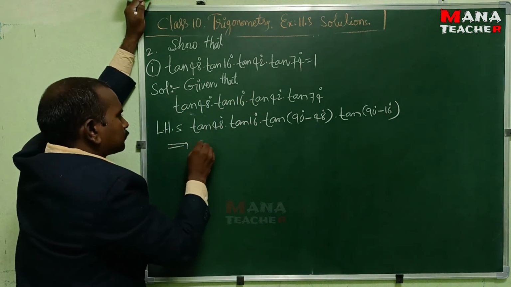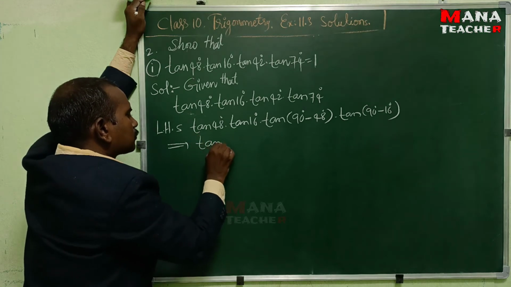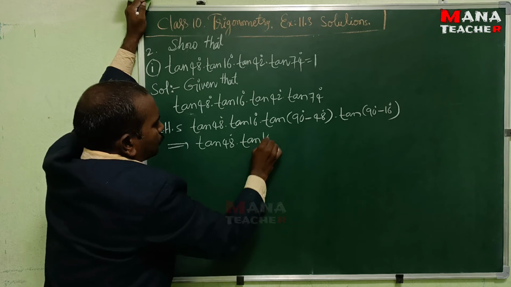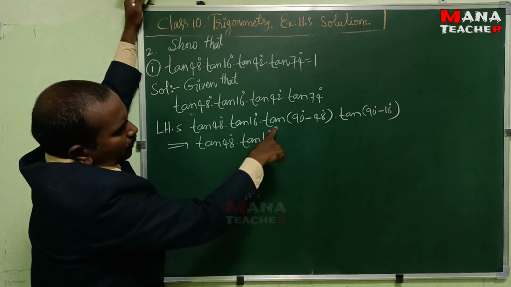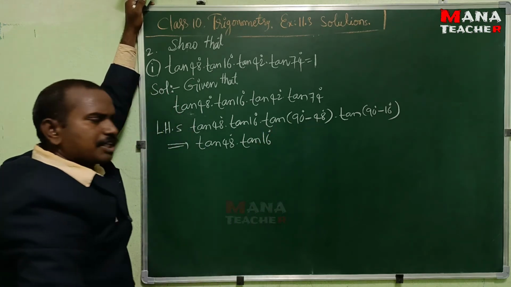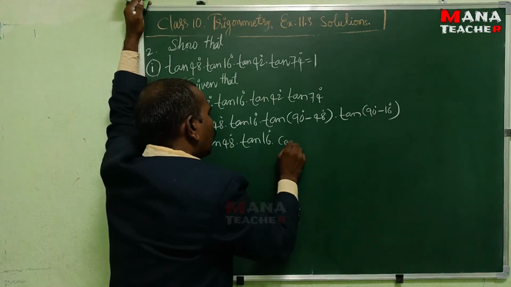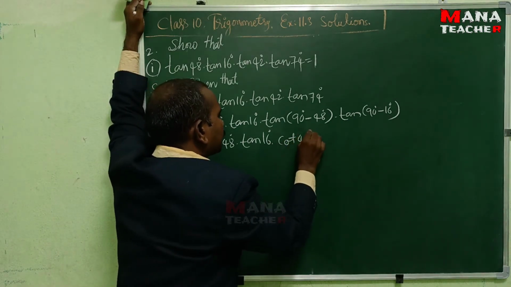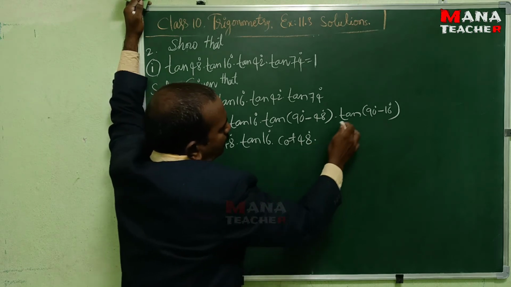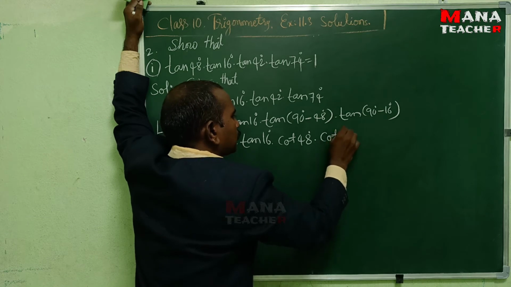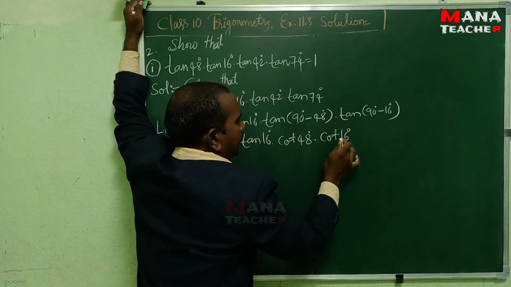Next tan 48 degree, tan 16 degree, and since tan 90 minus theta is cot theta, cot 48 degree, and tan 90 minus 16 is also cot 16 degree.